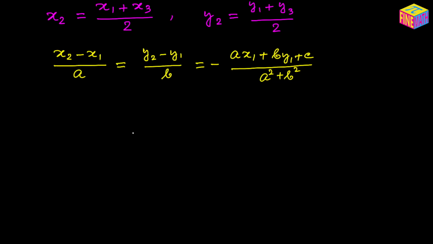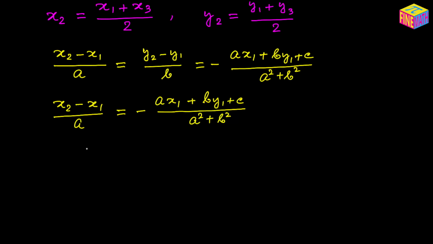So now I am going to take the first equation, which is x sub 2 minus x sub 1 over a is equal to negative a times x sub 1 plus b times y sub 1 plus c over a squared plus b squared. And here let's substitute the value of x sub 2. So then we can write it as x sub 1 plus x sub 3 over 2 minus x sub 1.